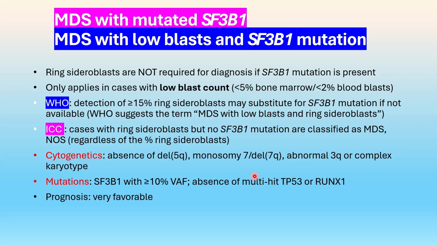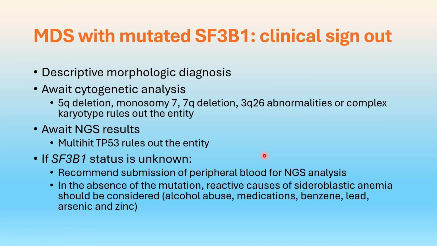Again, the reason is that if we're very strict with these criteria, these patients do very well. It's a really good prognosis MDS. On bone marrow aspirate, I know many people outside of the US don't look at those, but you are going to see ring sideroblasts, which will make you suspect this entity.